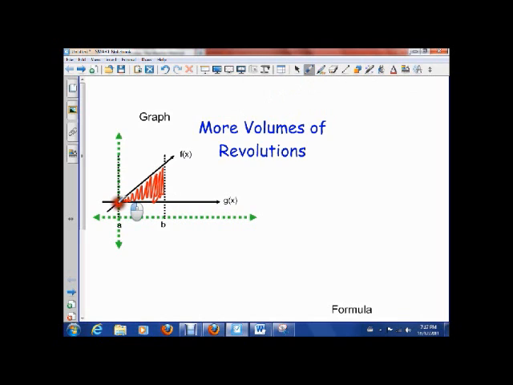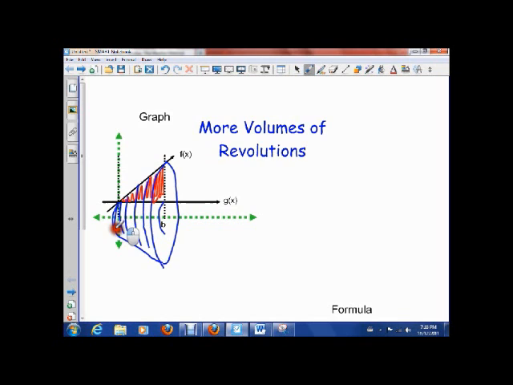So we're going to take the function f of x and we're going to rotate it all the way down, right? So we would get this three-dimensional figure, right? Then what we're going to do is take g and rotate that as well.